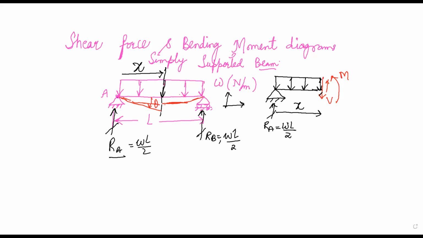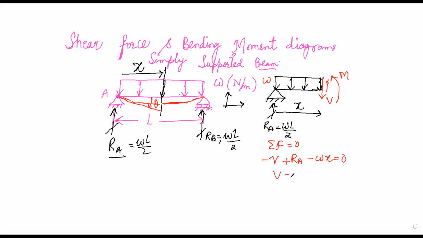So once you have taken the section, again write the equations of equilibrium. The summation of all the forces in this section has to be equal to 0. So you have V acting in the negative y direction, that's minus V. You have Ra acting in the upward direction, and because of the uniformly distributed load of intensity W acting over distance x, we have minus Wx, equal to 0.